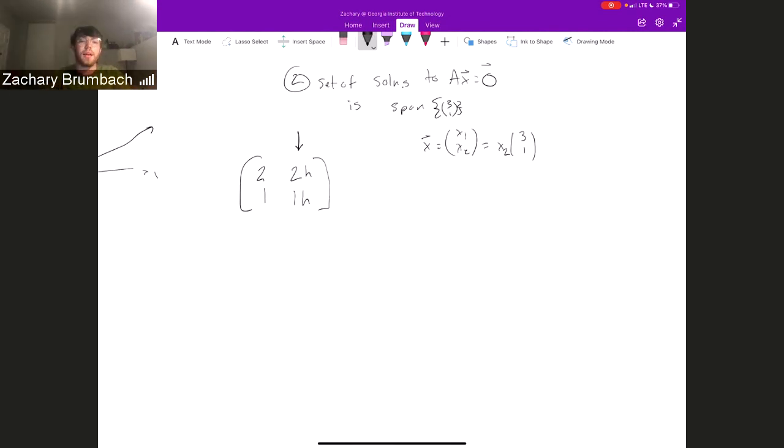The span of the columns is the line X1, X2, with whatever variables you want, like alpha 1, alpha 2. They're different than this X1 and X2, so I'll call them something different. I'll call them A1 and A2. Let's make this A vector.